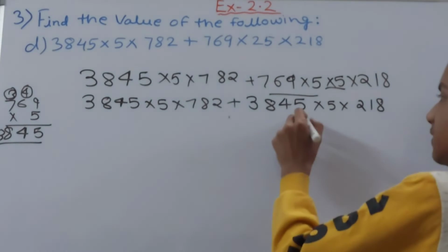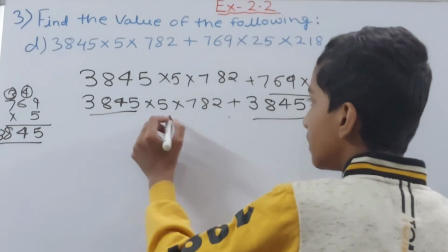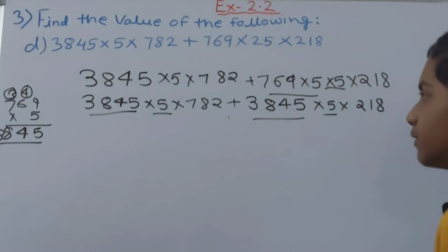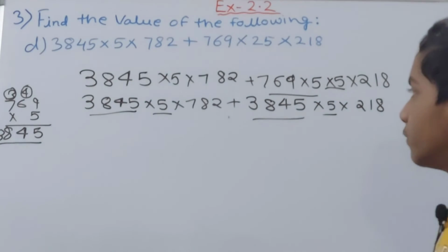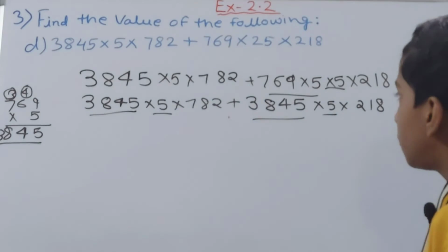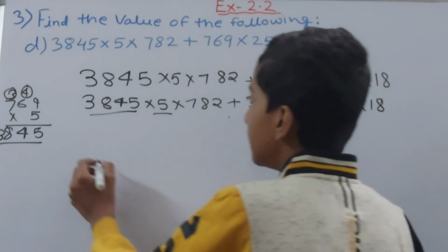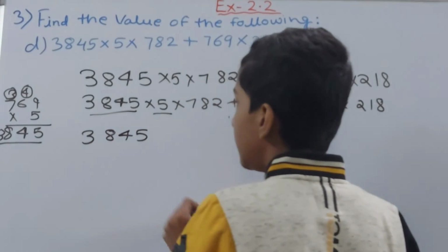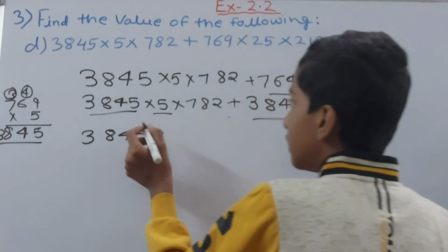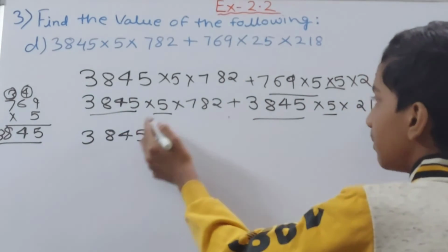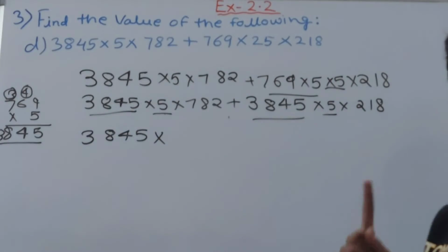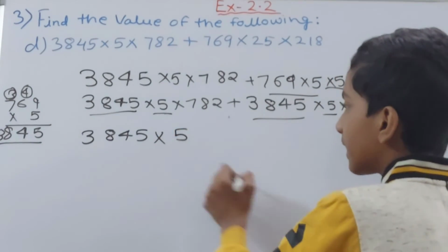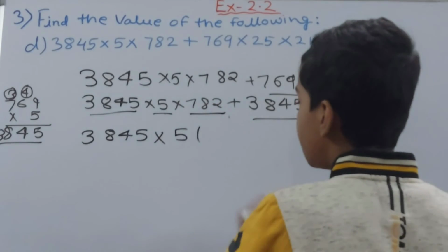Now we have this number common and this 5 common. So we can write 3845 into 5, writing these two one time and this 5 one time. Then in the brackets we will write what is left: 782 and this 218.